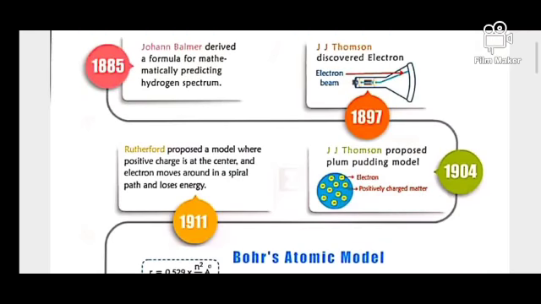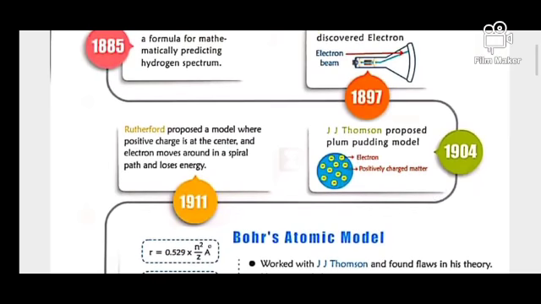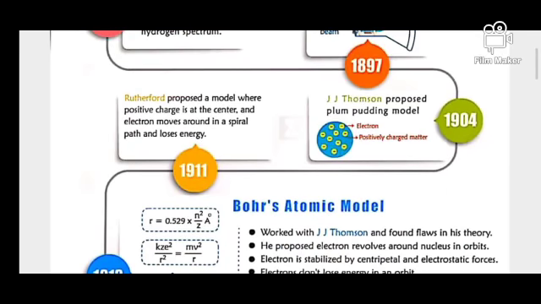After that, J. J. Thomson also proposed an atomic model, the plum pudding model. He stated that inside the atom the electrons are present like plums in a pudding, and they are present randomly.